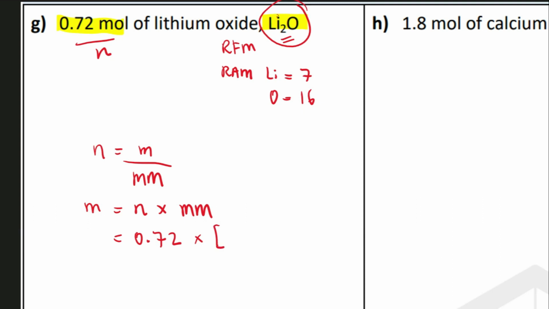We have 2 lithium ions in lithium oxide, therefore we multiply 2 times 7, and we have 1 oxygen, which means 1 times 16. Remember that the mass of an ion is equivalent to the mass of an atom because the mass of electrons is negligible. The answer here is 21.6 grams.